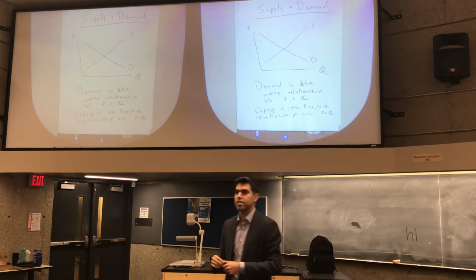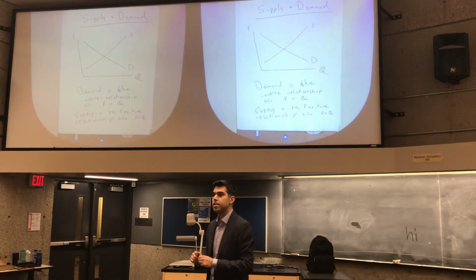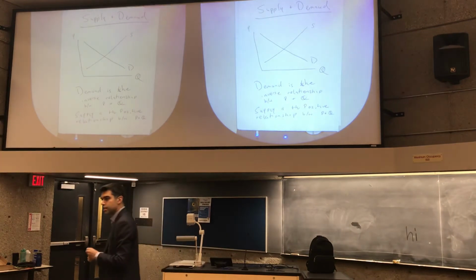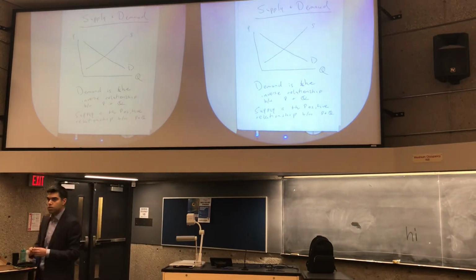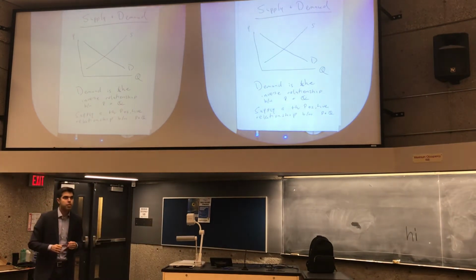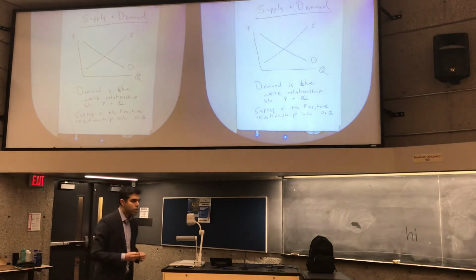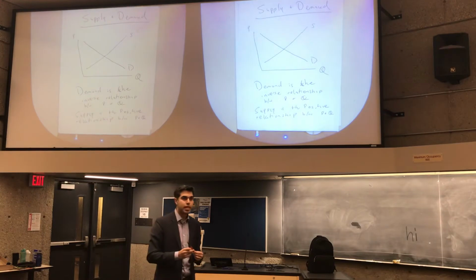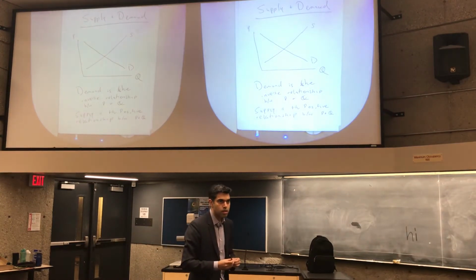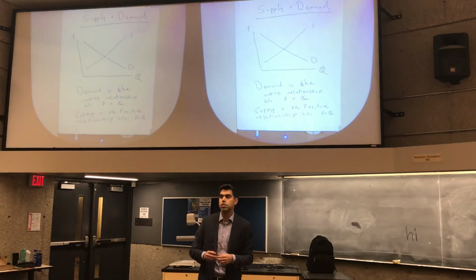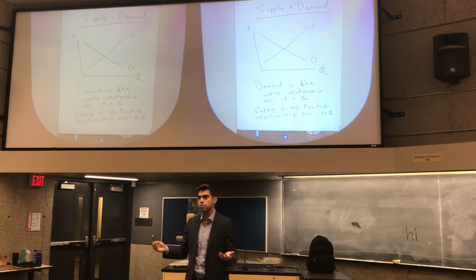Yes? The quantity supplied would probably be less than the quantity demanded. That's right. If prices are too low, the quantity supplied will be less than the quantity demanded. We call this a shortage.